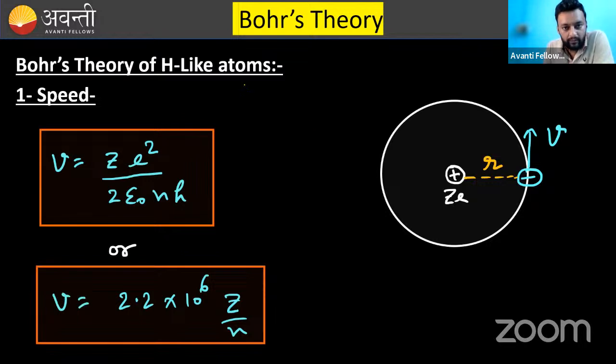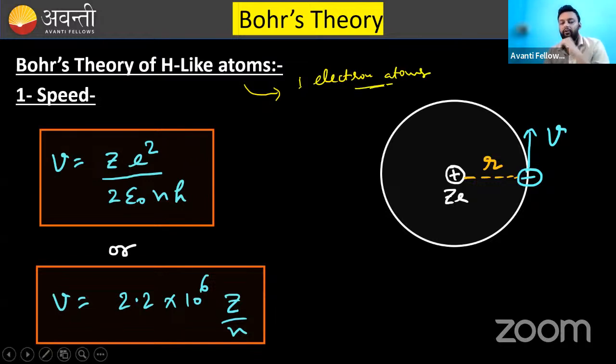Hydrogen-like atom means one-electron atoms, the atoms in which there is only one electron. For example, hydrogen has one electron. Helium has two electrons, but if I remove one electron, it becomes helium plus. So helium plus also has one electron in it.